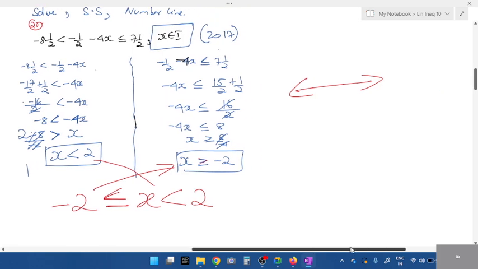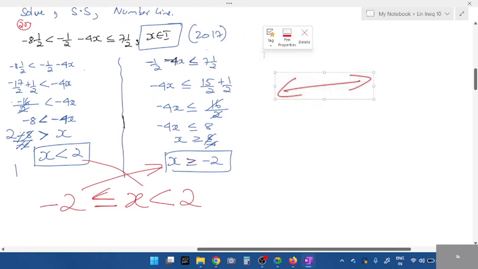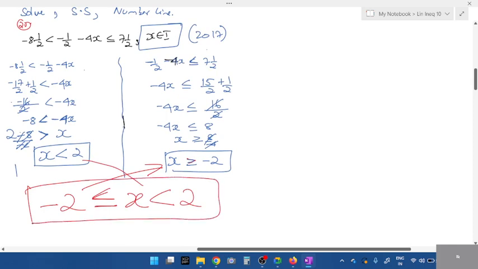Is this clear? All of you understood how to combine the equation? Any doubts? Response, students. Got it right? Just go through once. I'll tell you how to write the solution set and number line.